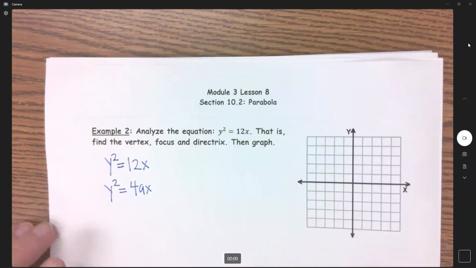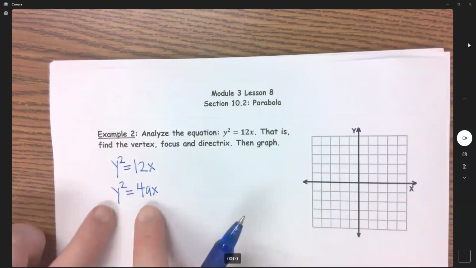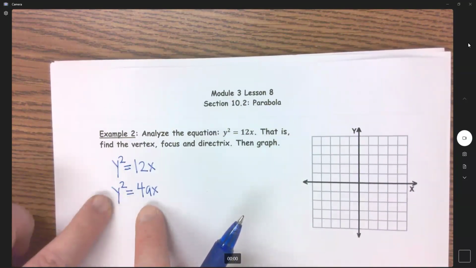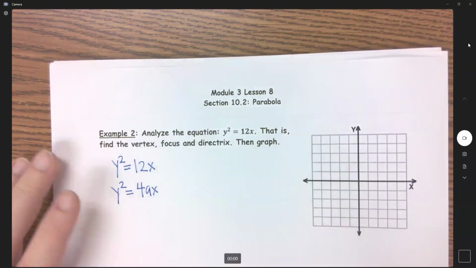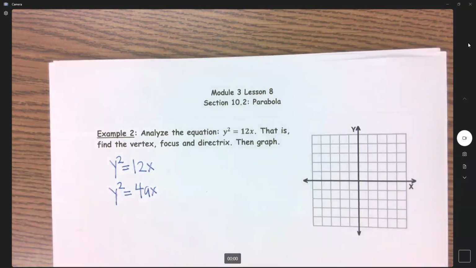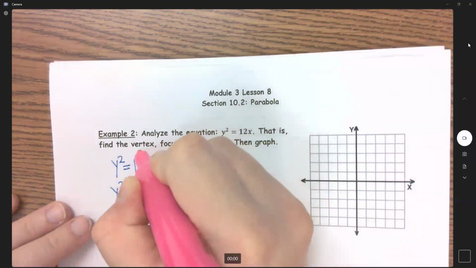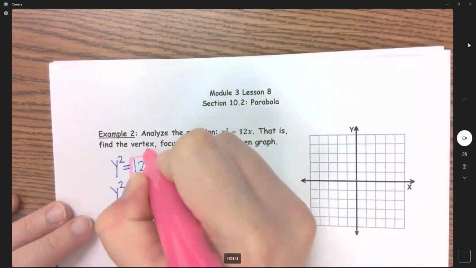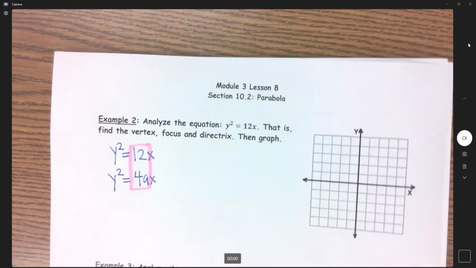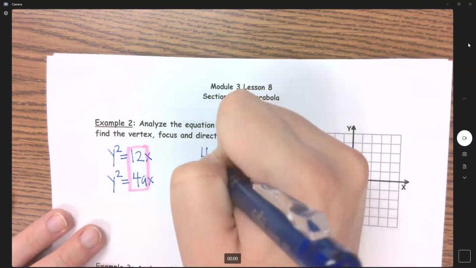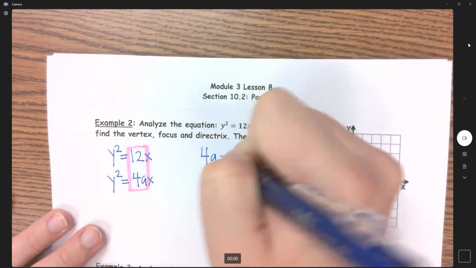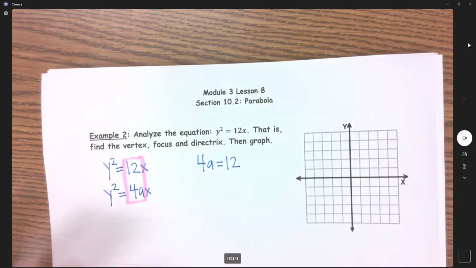Okay, now that I'm comparing these two, notice you have y squared, you have x, and equals. What's different is this 12 and this 4a. So to solve for my A, I'm going to set these two equal to each other. We have 4A equals 12.